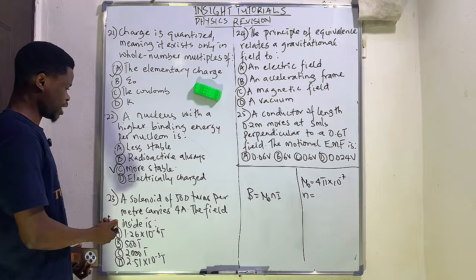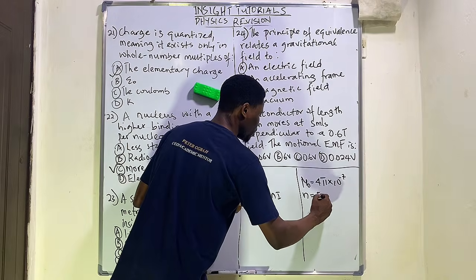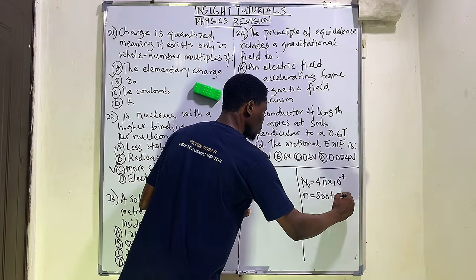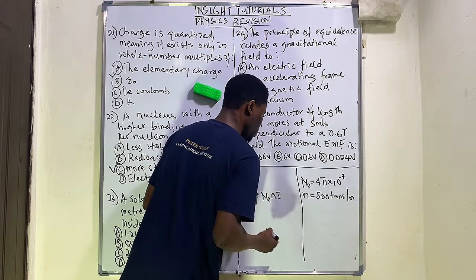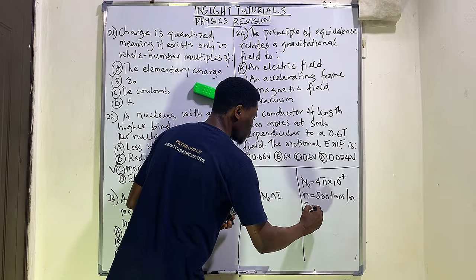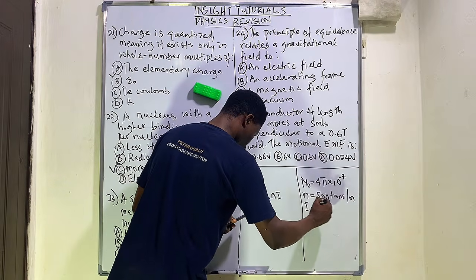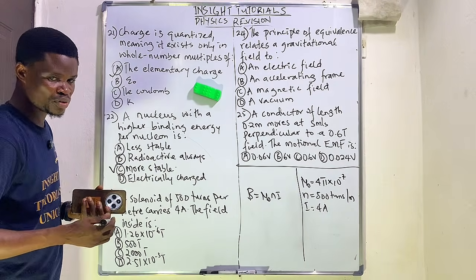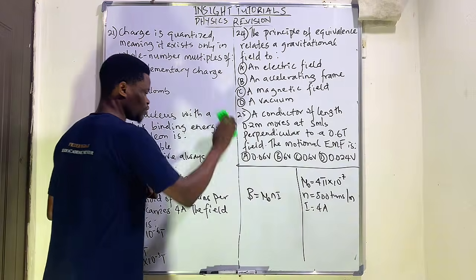Our number of turns n is 500 turns per meter. And our current was given to us as 4 amperes. For us to solve that, we just input it into this formula and we solve.